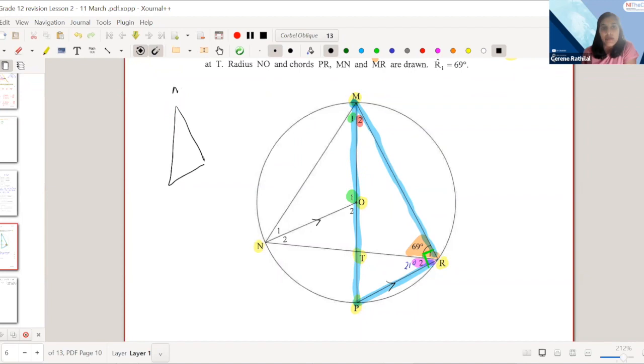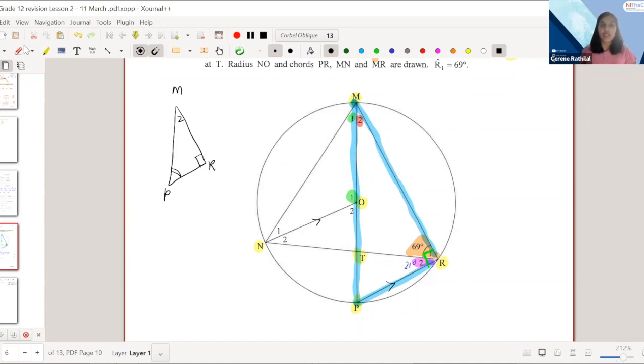So that's M, that's R, and that's P. We already know that R is 90 degrees, right? That angle is 90 degrees. And this is what we want to find. So wouldn't you agree that if I find angle P, I would be able to determine what M2 is? So that is the approach that we take here.